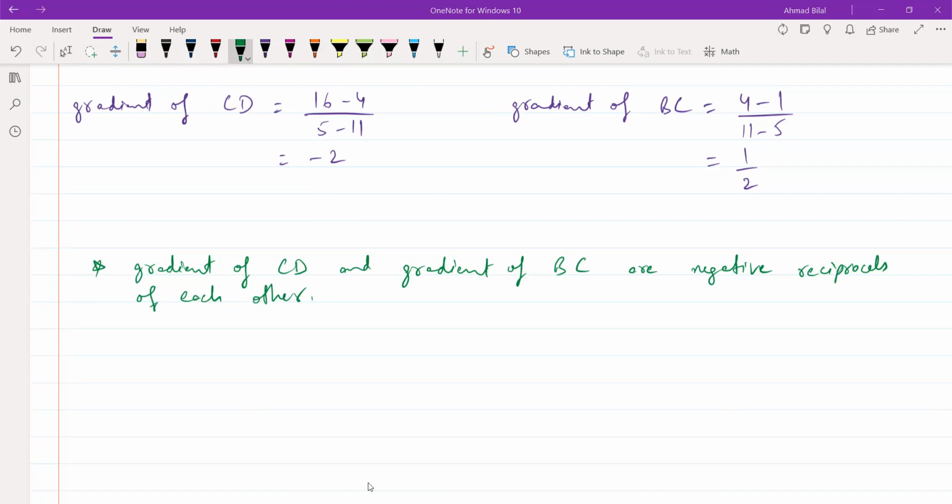Since they are negative reciprocals of each other, that basically implies that CD and BC are perpendicular. ठीक है? CD और BC एक दूसरे का perpendicular है. Since they are perpendicular, that implies CD is a tangent. Okay, question on this.